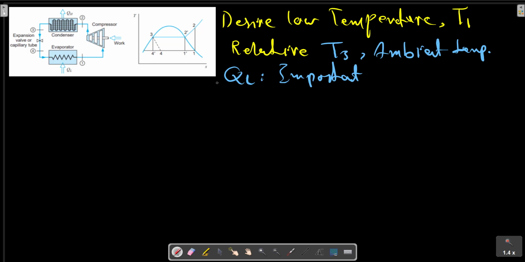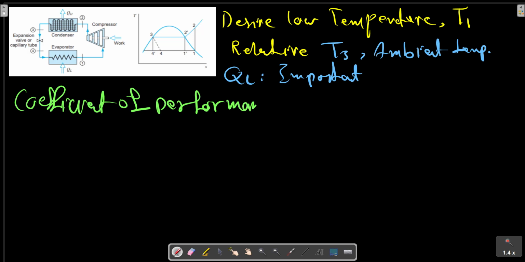The measure of performance of a refrigeration system is given in terms of the coefficient of performance, COP, beta equals QL over W compressor.